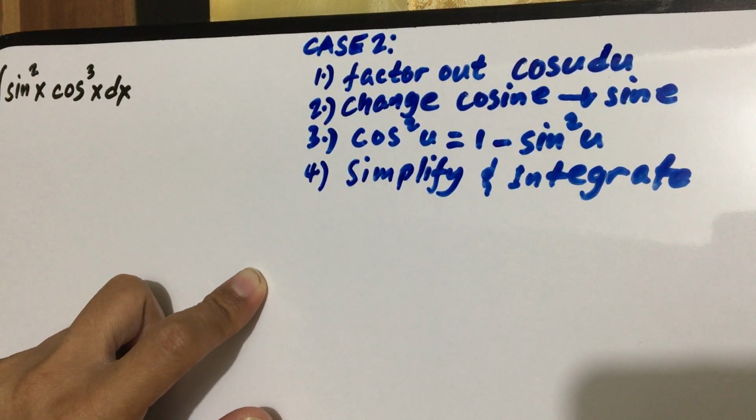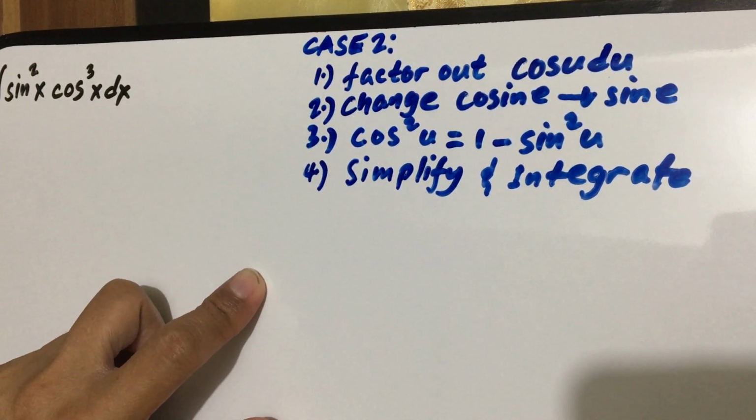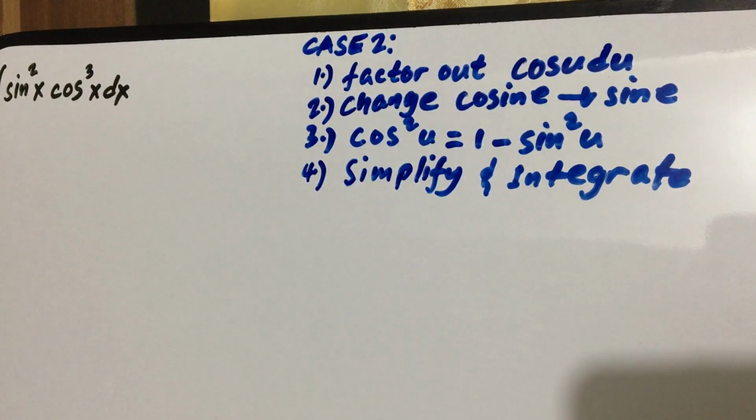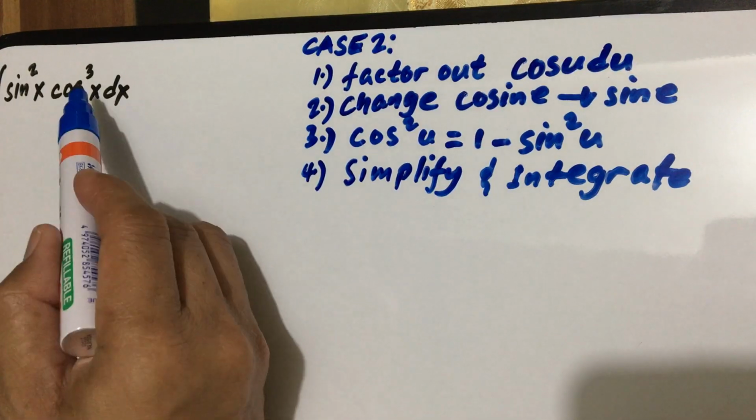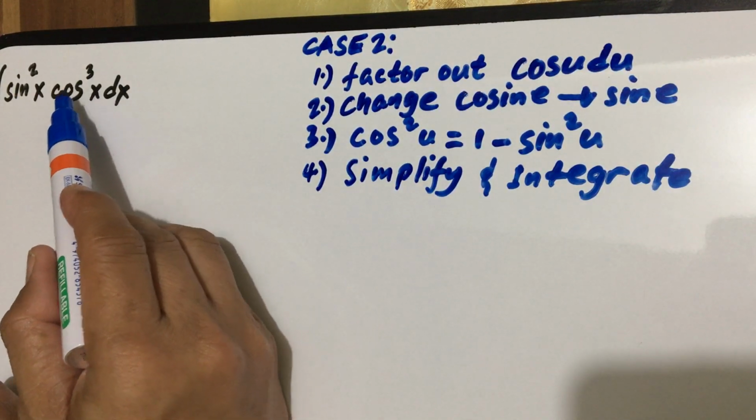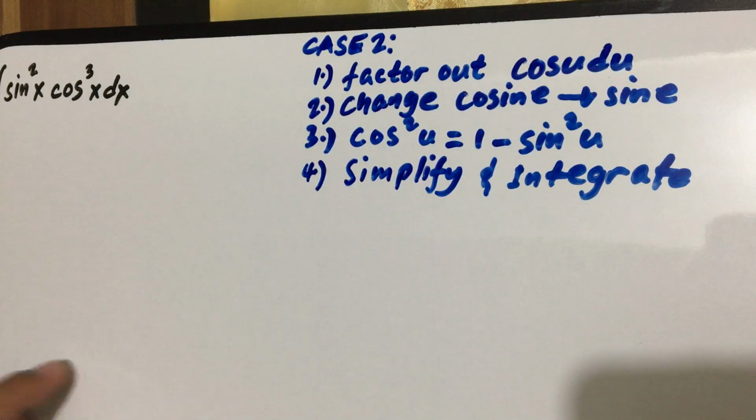Alright, so these are the procedures that we are going to use for case 2 where n is odd. So in our given, our n here is equal to 3. n is the exponent of cosine, so that is odd.